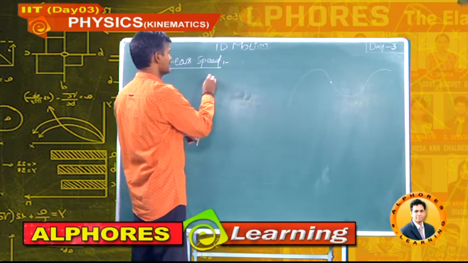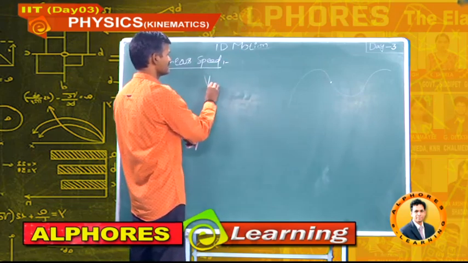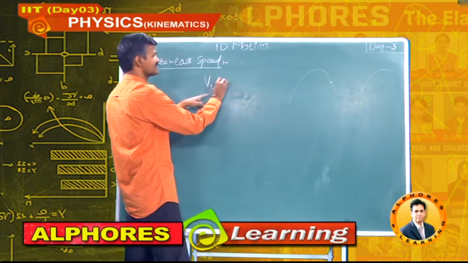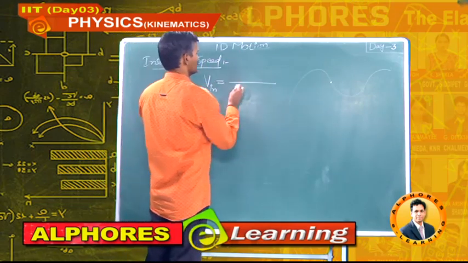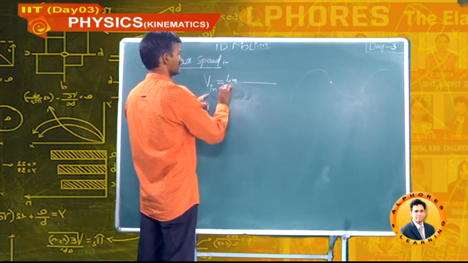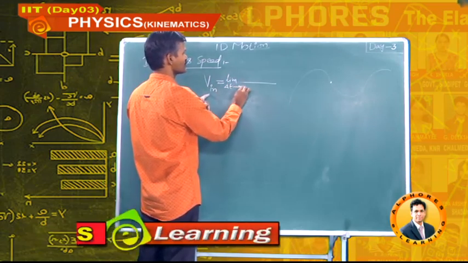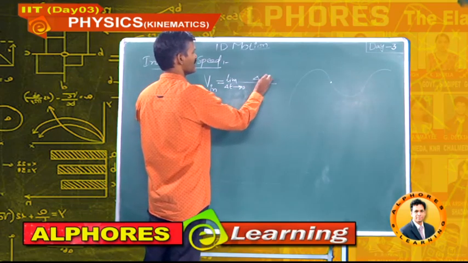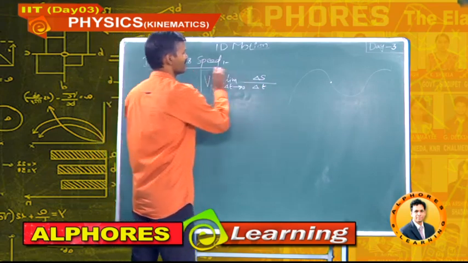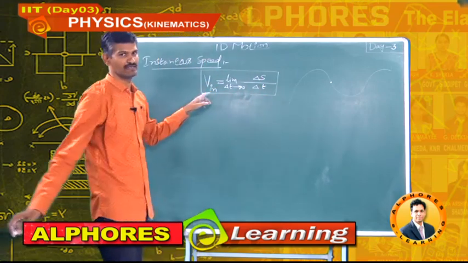Instantaneous speed is defined as V_in, in is the symbol for instantaneous. This is nothing but limit delta t tends to 0 of delta s by delta t. This is the mathematical definition of the instantaneous speed.